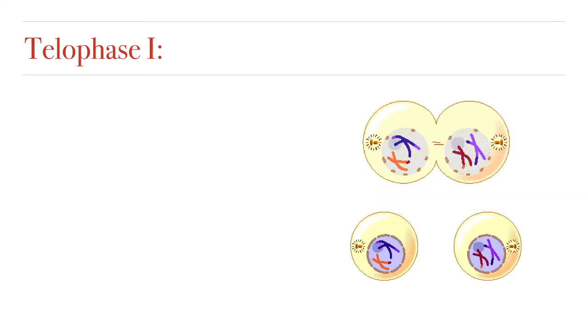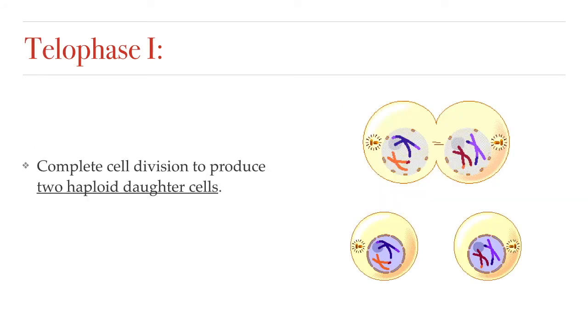Next, we have telophase 1, and this is now when that diploid cell becomes 2 haploid cells. So this is where now the chromosomes are going to be encapsulated again into a nucleus, and the cell's going to split in 2, and each of these new daughter cells are haploid because now they each have only half the number of chromosomes as the original parent cell.